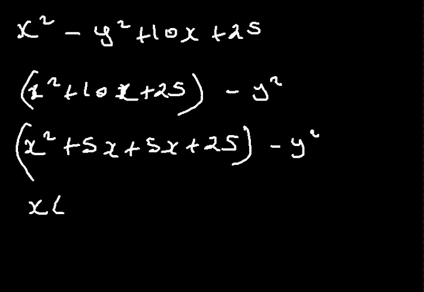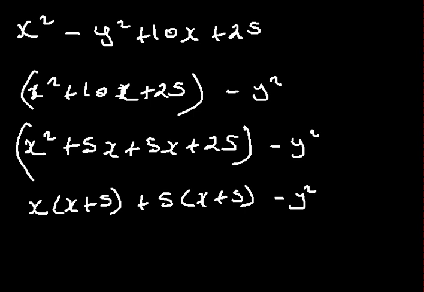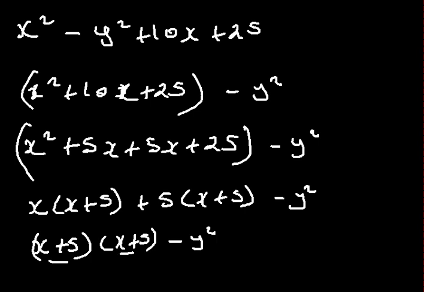So have x(x + 5) + 5(x + 5) minus y squared at the end there. That is the same as (x + 5) times (x + 5) minus y squared. Since these expressions are the same, this is true.